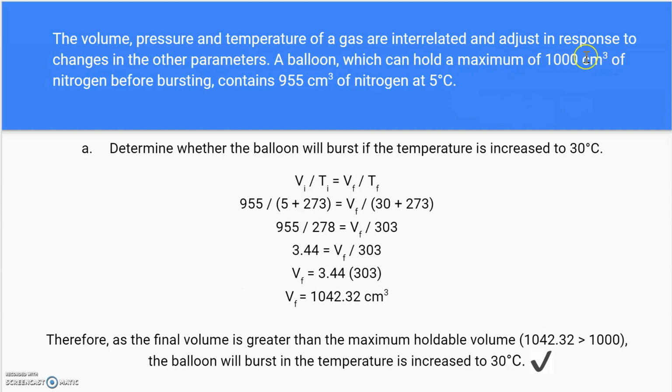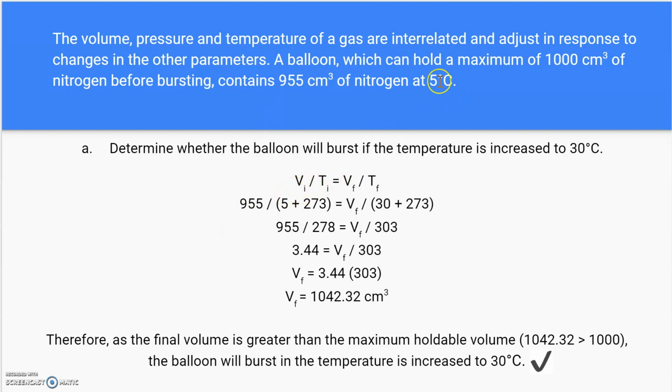So it is appropriate to conserve our units as centimeters cubed, as it will be easier for us in the end to determine whether the balloon bursts or not if our answer is given in the same unit as the data provided by the exercise. So we'll just leave that 955 as centimeters cubed and plug it in as our initial volume.